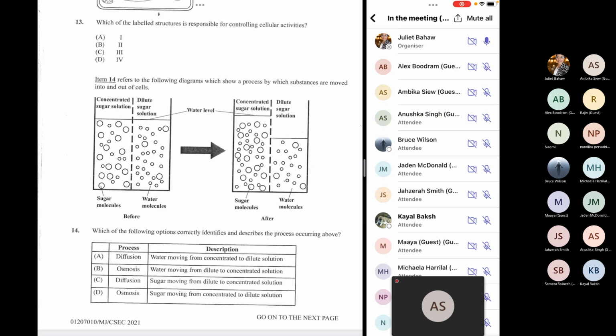And if you notice, when you look at the after, the side that has dilute, the water dropped. So that means the movement of water from an area of high to low concentration, meaning it moved from dilute to concentrated, is osmosis. Osmosis is what is moving. If it were sugar moving, that would be diffusion. But it's water that's moving here. So correct, 14B.